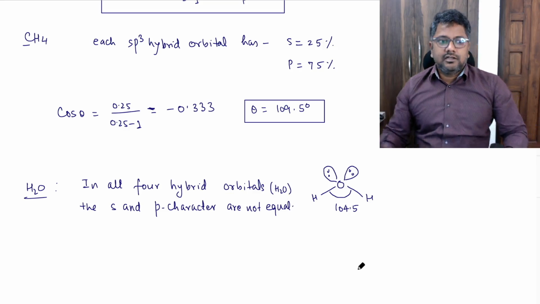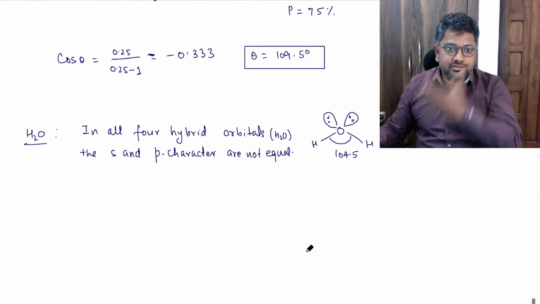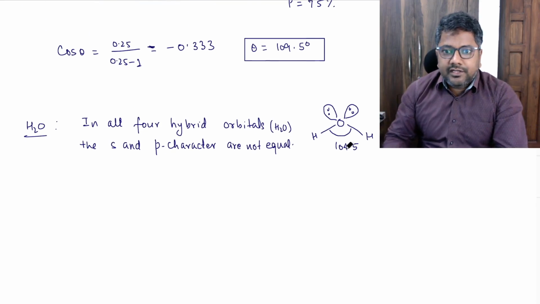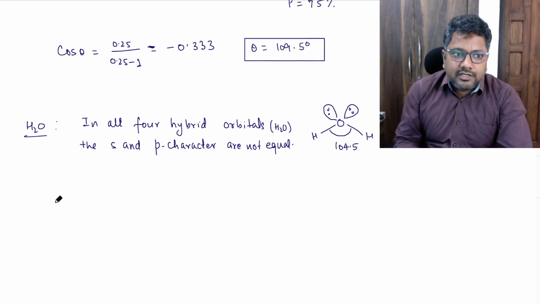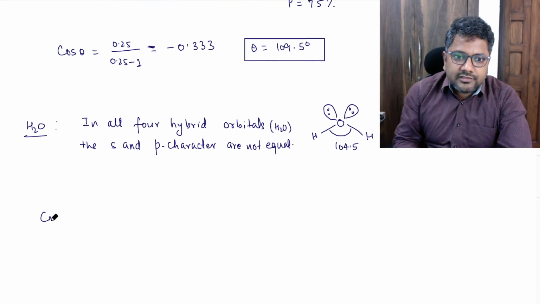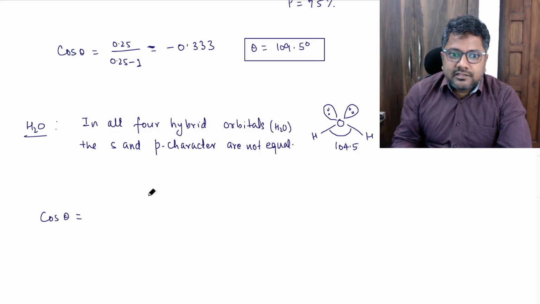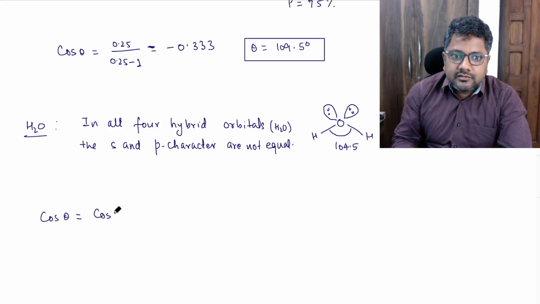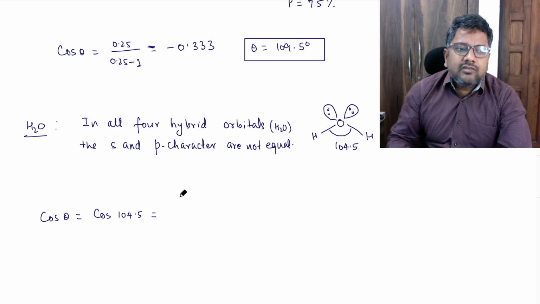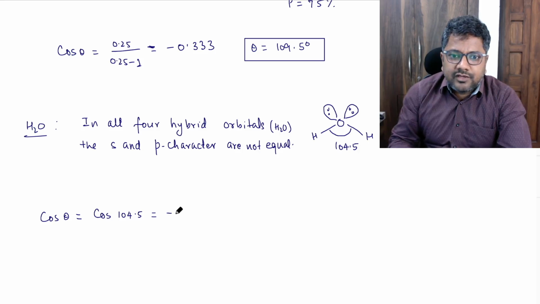Right. Now let's see how to calculate. If we take this bond angle, cos theta is equal to cos 104.5, which is equal to about minus 0.25.